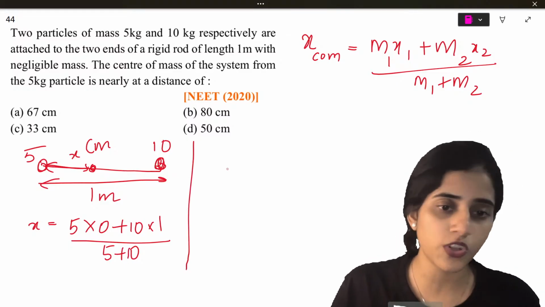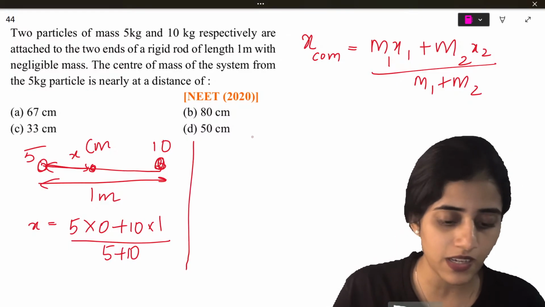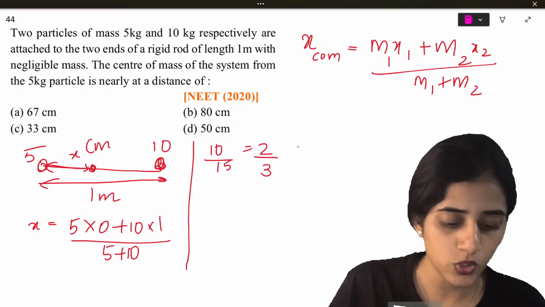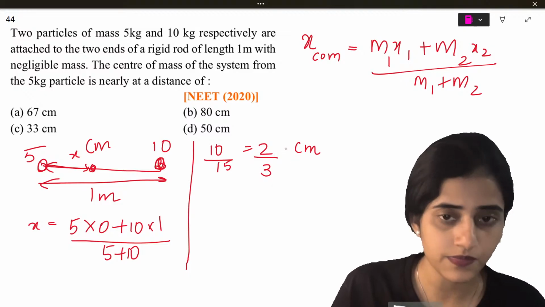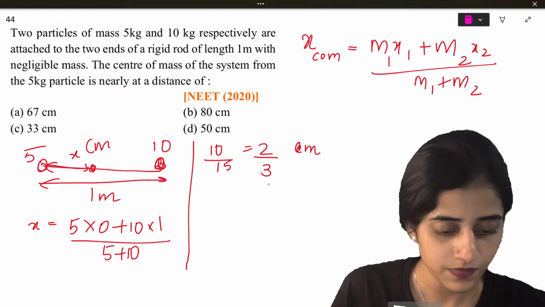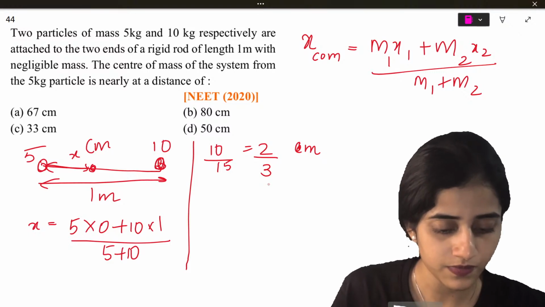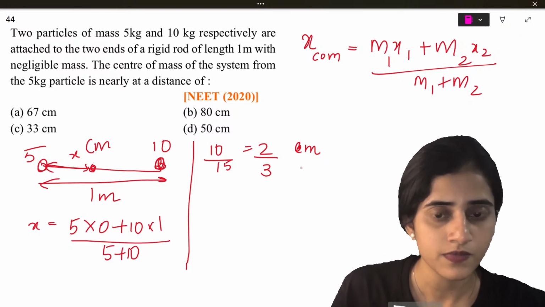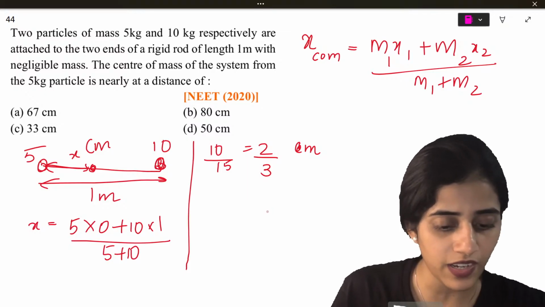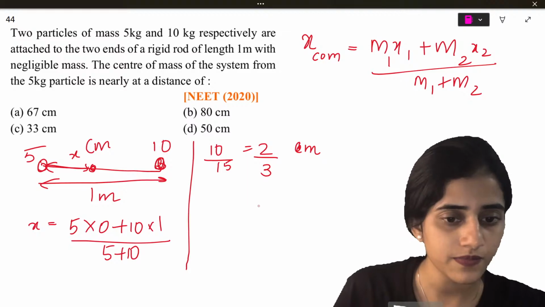So 5 into 0 plus 10 into 1 by 15 is 10 by 15, which is 2 by 3 meters. So it's going to be 2 by 3 meters from the 5 kg particle.